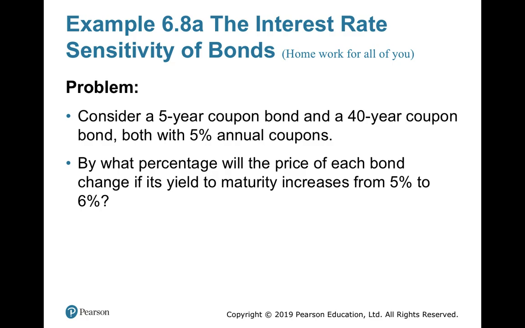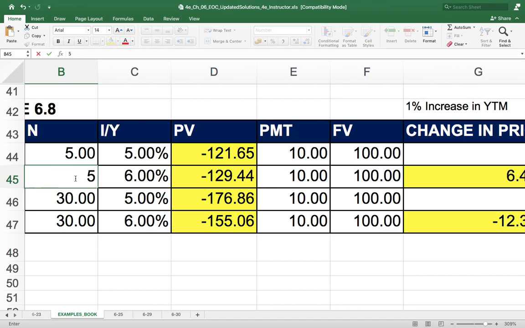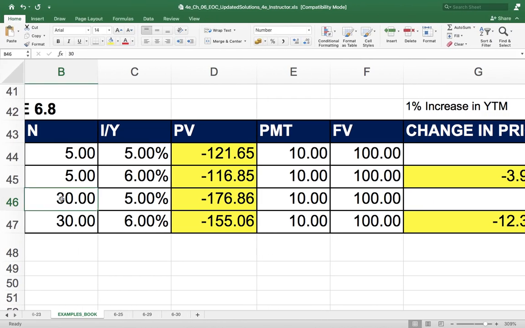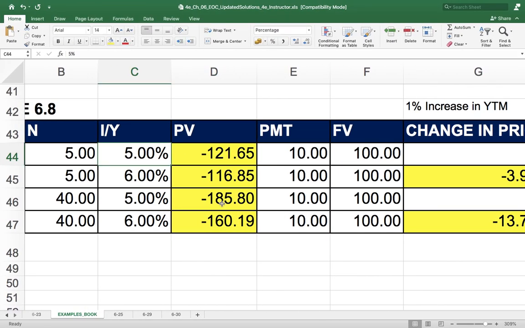Very simple. The first one is a 5-year, the second one is a 40-year, and YTM increased from 5% to 6%.